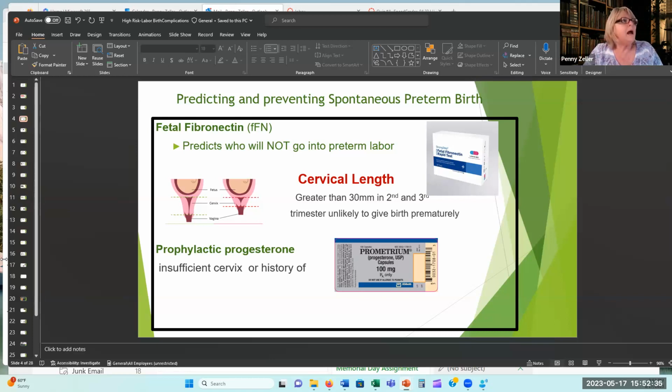But how we read, how we predict with a fetal fibronectin test is that if we do not find it, in other words, if we do a swab and there's no fetal fibronectin in the area, then we can say pretty surely that she will not be going into labor within the next 2 weeks. And that's how we read it. If we find the substance, it doesn't really tell us anything. So we're looking for a negative. Okay, we're hoping for the negative.